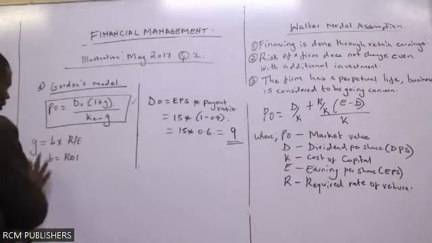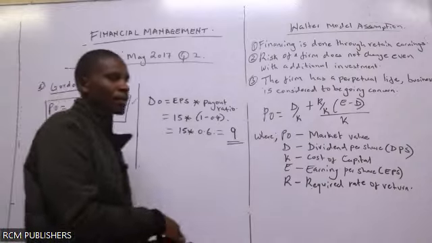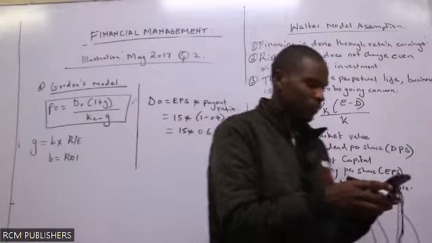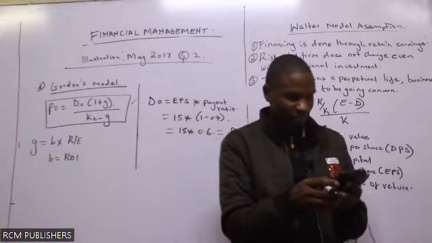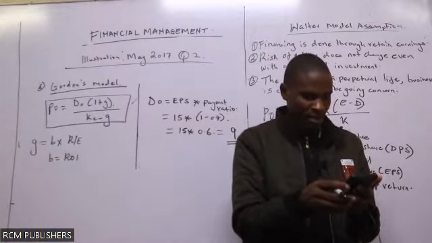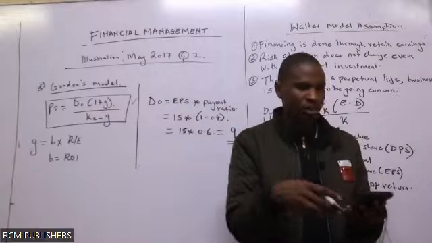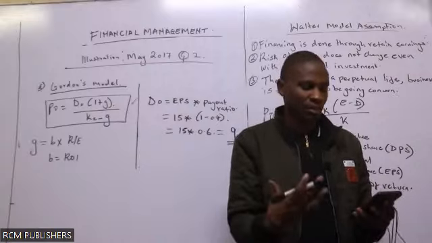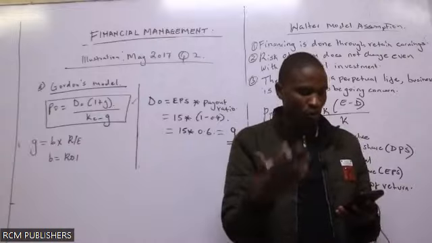With this formula, can you get G? Just check what you have been given. I have been provided with the internal rate of return, which is my return on investment, 0.16.